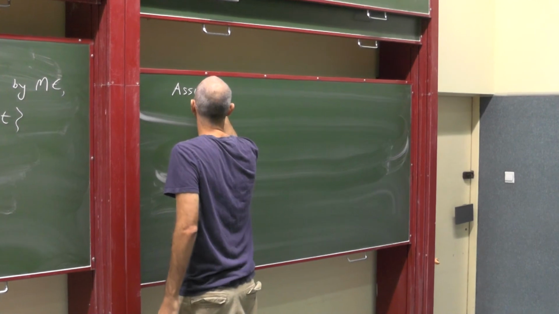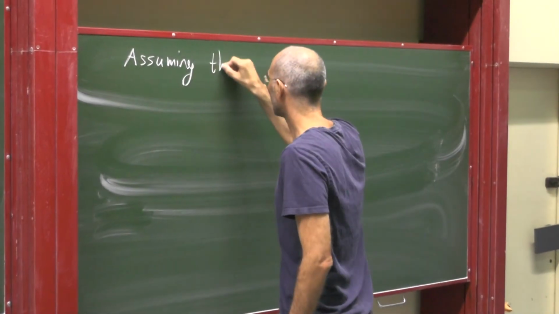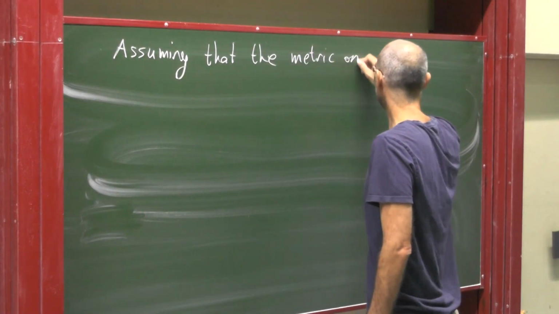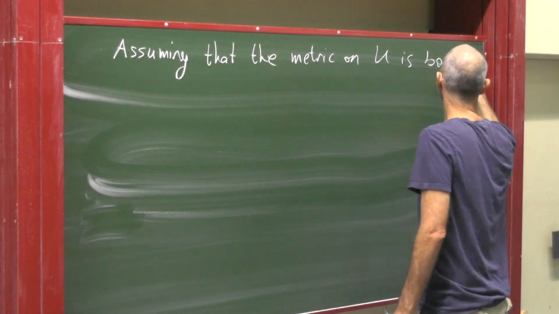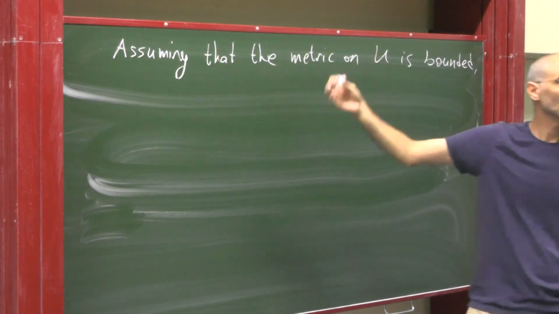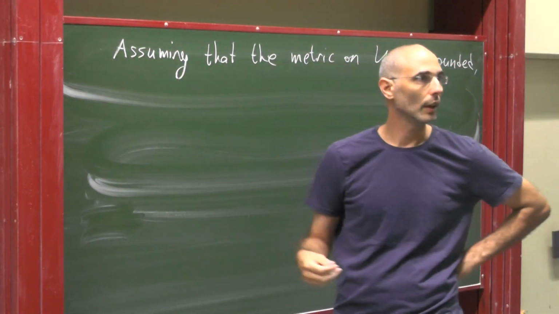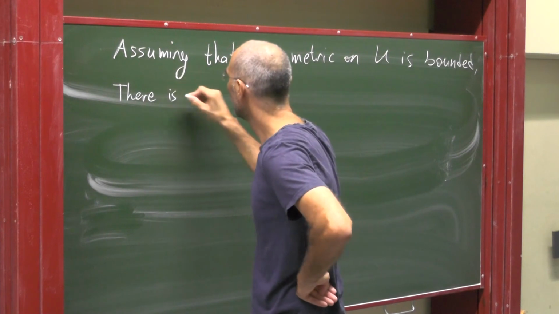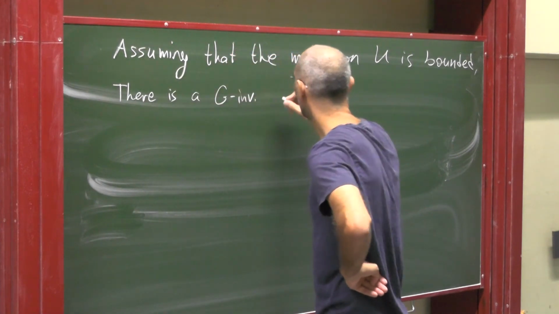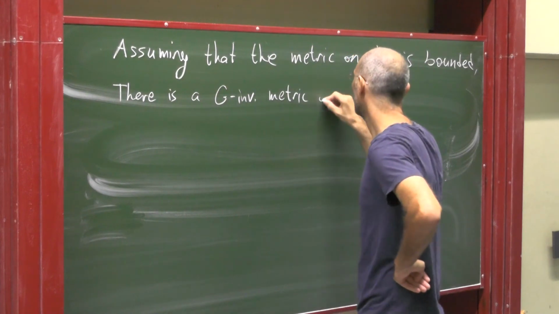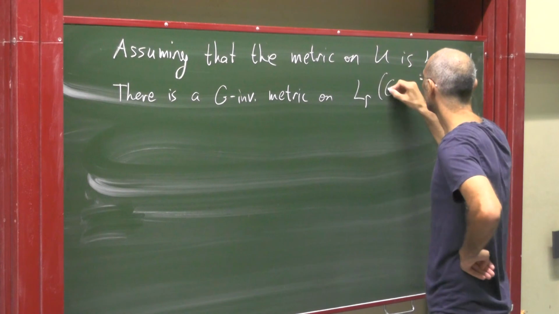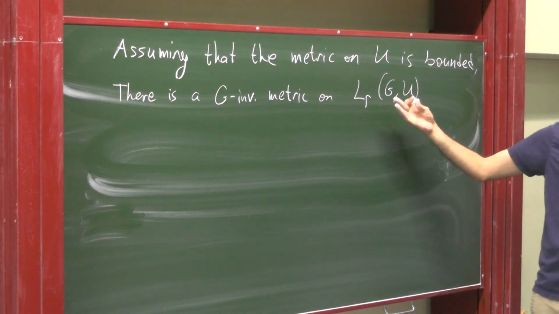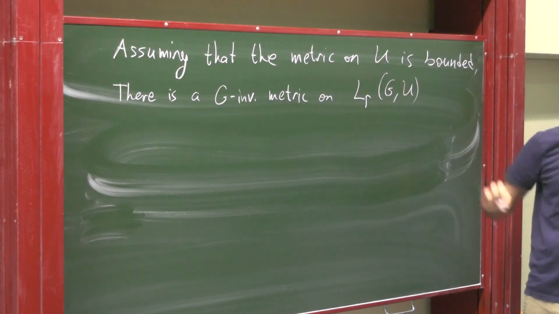Assuming now that the metric on U is bounded, which as we remarked before, we can assume in the definition of metric ergodicity, there is a G invariant metric, basically an L1 metric, on the space of gamma equivariant functions from G to U. And this is basically integrating the U value over a fundamental domain for gamma.